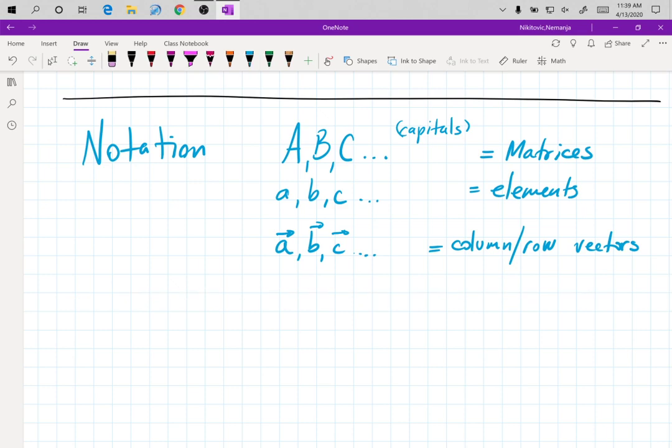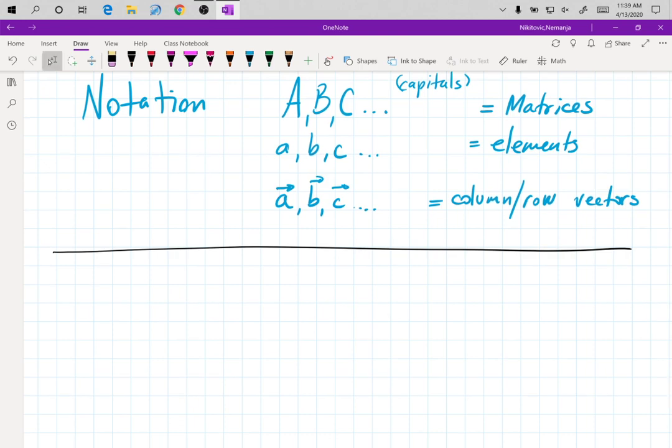So now we can take the matrix A, which is going to have, let's say, 3, 4, 6, 8, -1, 2, 9, 7, and 12, whatever.